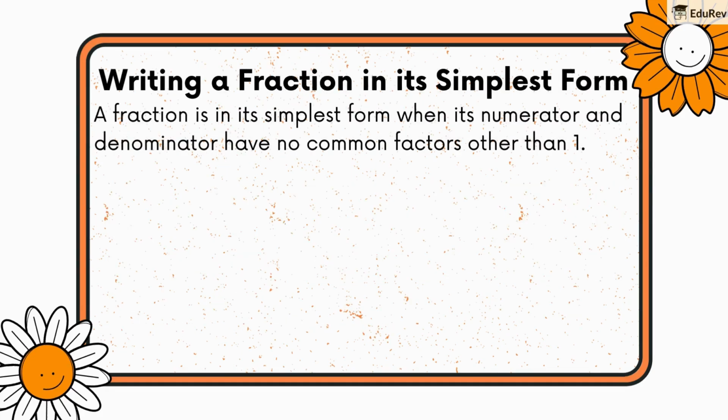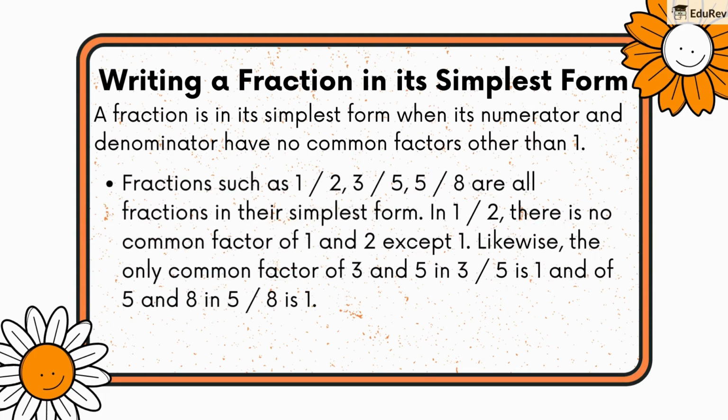Writing a fraction in its simplest form. A fraction is in its simplest form when its numerator and denominator have no common factors other than 1. Fractions such as 1 by 2, 3 by 5 and 5 by 8 are all fractions in their simplest form. In 1 by 2, there is no common factor of 1 and 2, except 1.